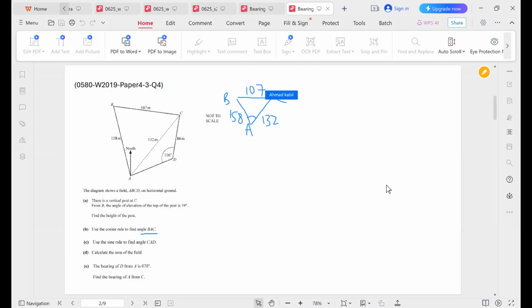So we simply use the cosine rule. Cosine theta, this is theta, of course, equals 158 squared plus 132 squared. And of course, the opposite side is the negative in the cosine rule.